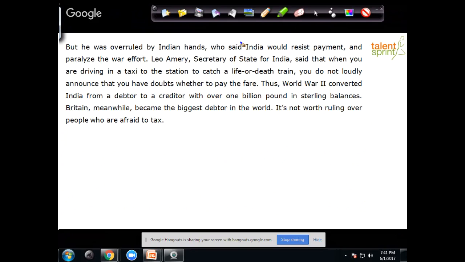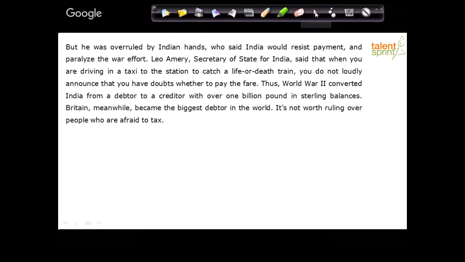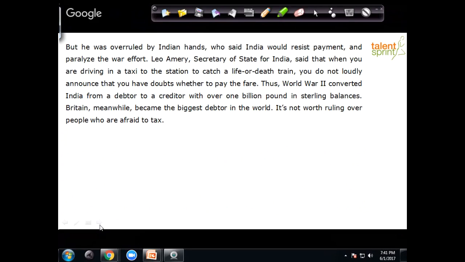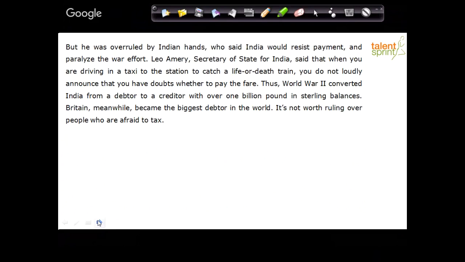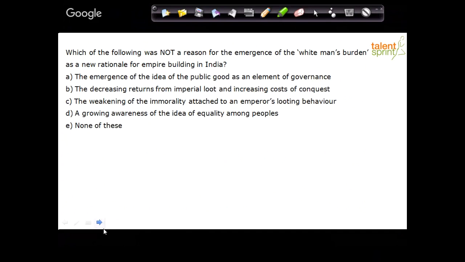Anyway, coming back. So we have 6 paragraphs here in this question. Let's apply the same clues that we spoke about, which is skim, scan, positive, negative, detail, vocabulary. First question, which of the following was not a reason for the emergence of the white man's burden as a new rationale for empire building in India?